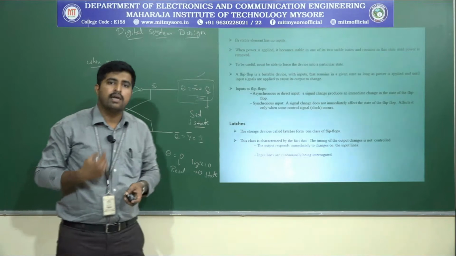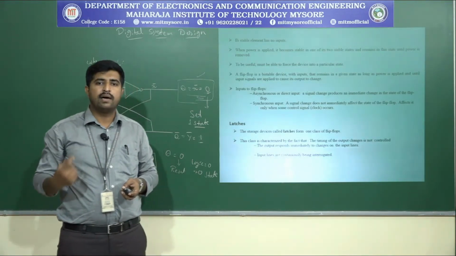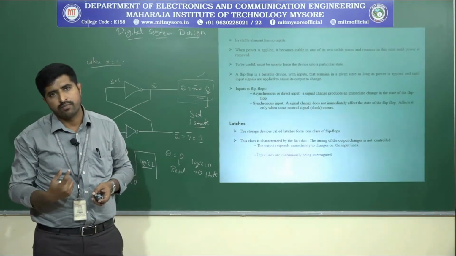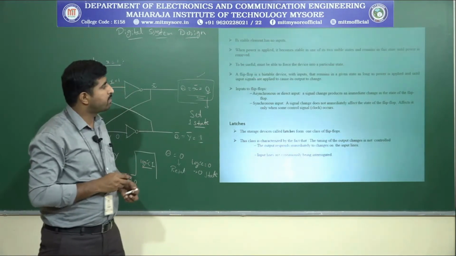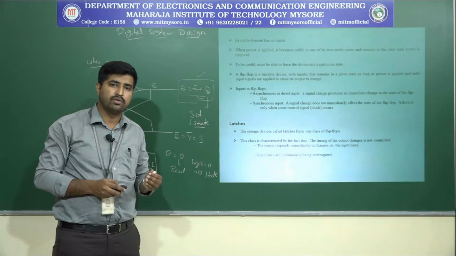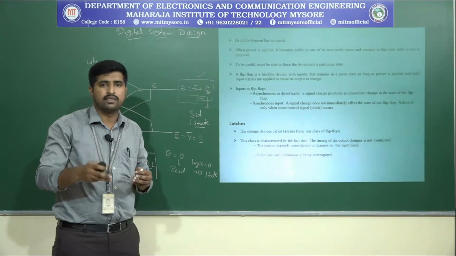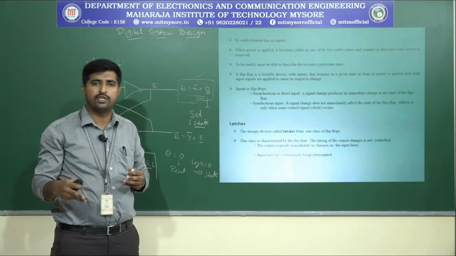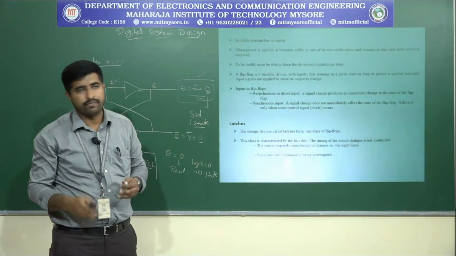That's why we said the basic bistable element is the center of the flip-flop. A flip-flop is a bistable device with inputs, and we give the inputs to change the state, whether it is 1 or 0.